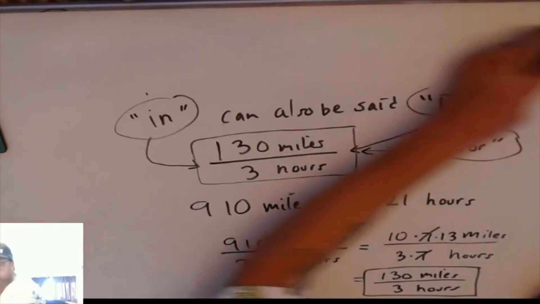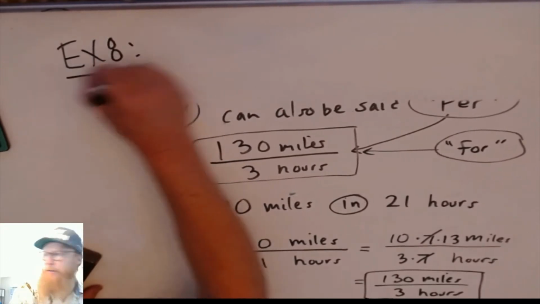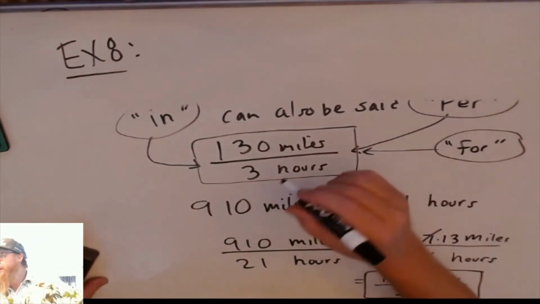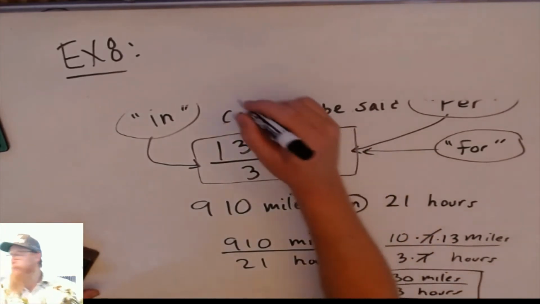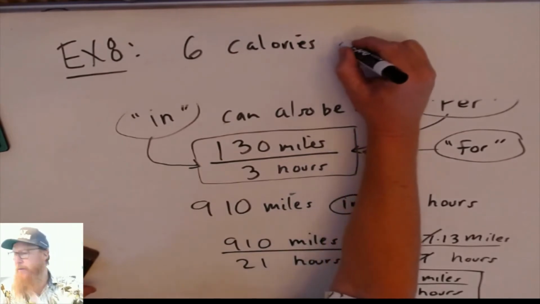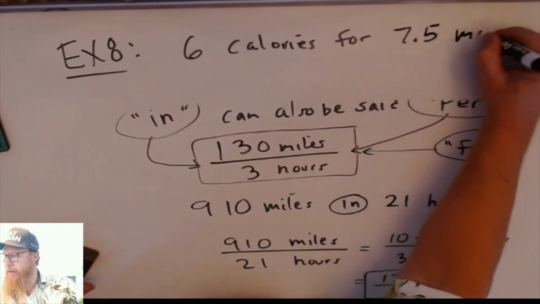Let's try another one. Example 7, example 8. Six calories for 7.5 minutes.